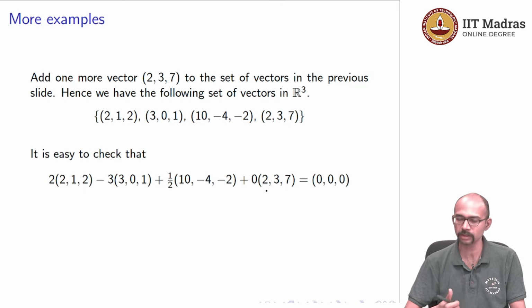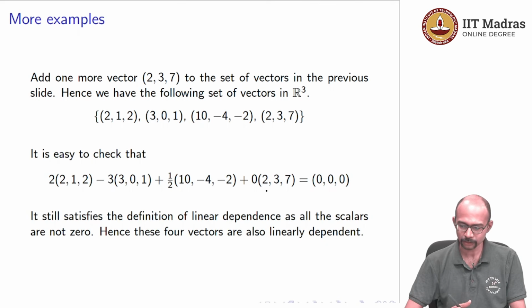So we put the 0 coefficient for that, and we of course still get (0, 0, 0). If you are not convinced, you can do this checking by yourself, and from here it is clear that this set is linearly dependent.